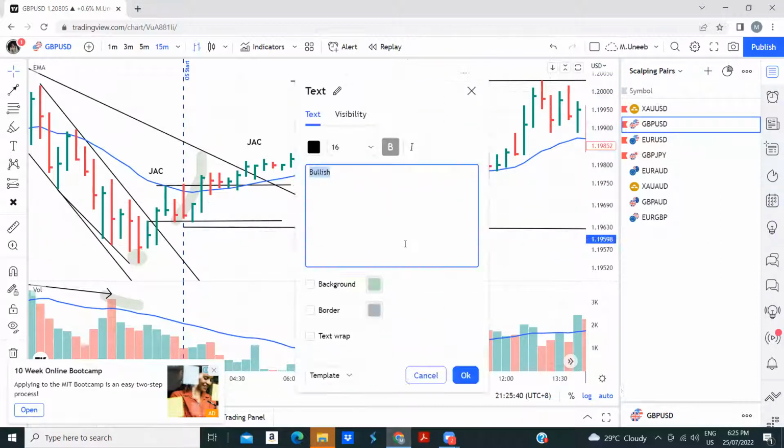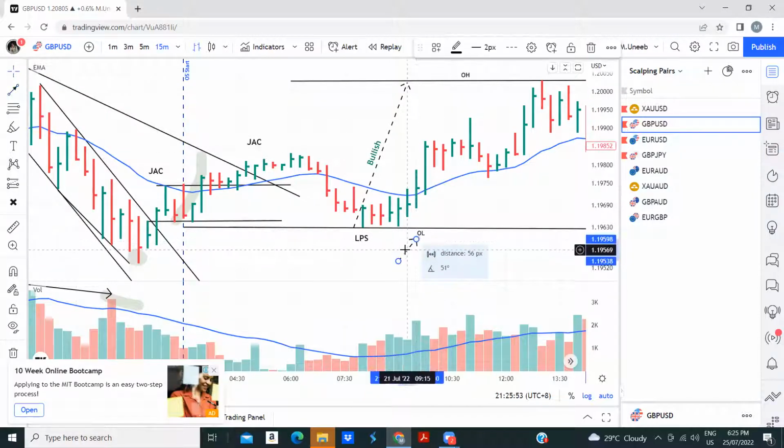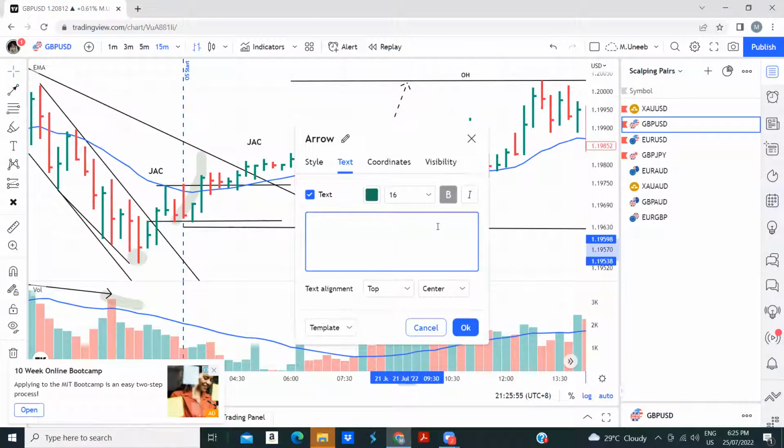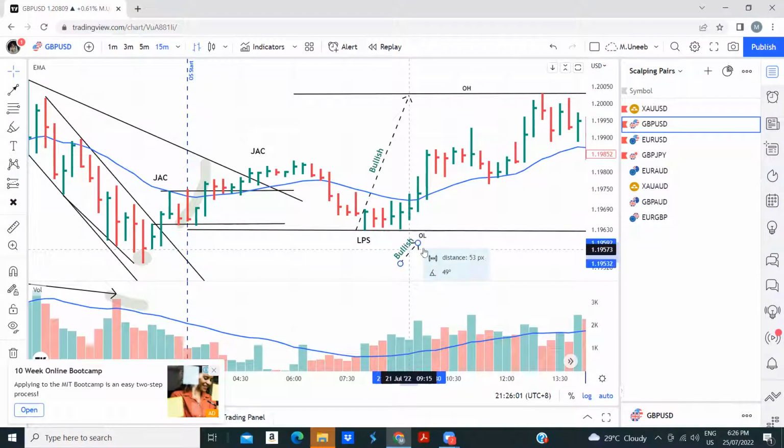Here as well, the bias is bullish. All right. And at this one, bullish. So we can just mark like this. Okay. Now let's see what is the bias at this point.